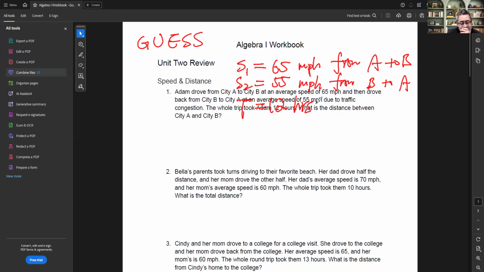So therefore, we don't know the distance. That's something we're trying to find, the distance between city A and B.